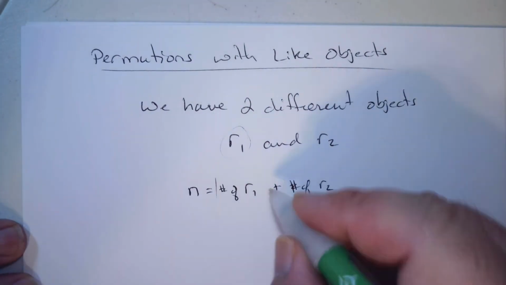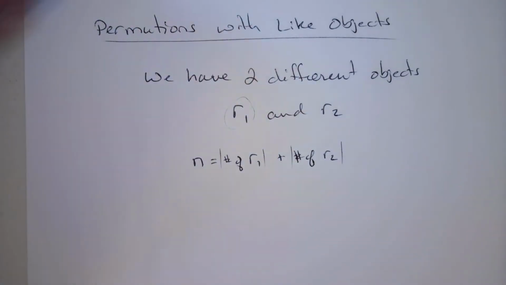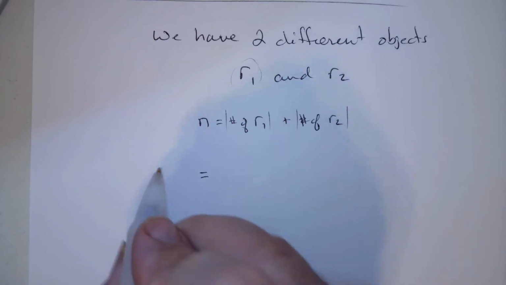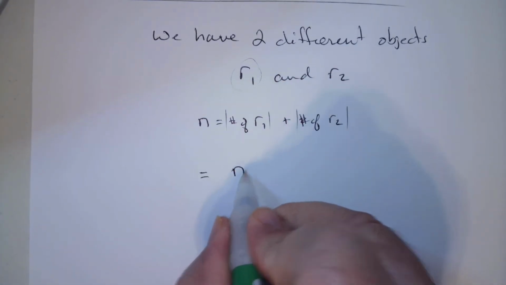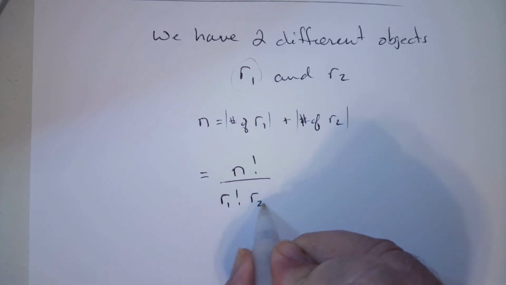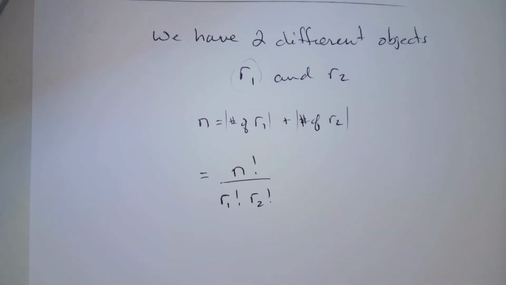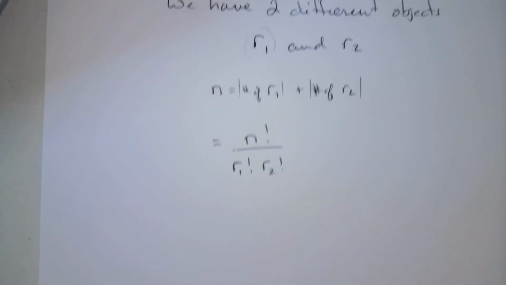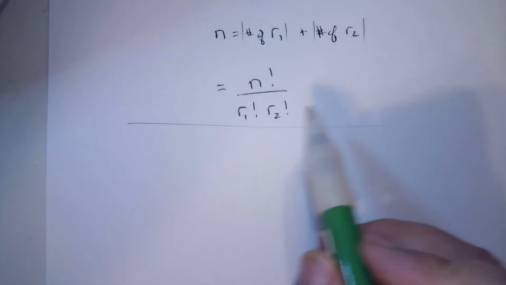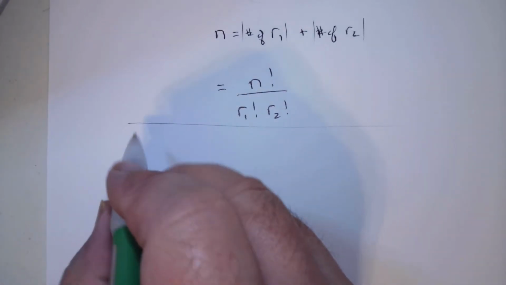Remember last semester we talked about cardinality: the cardinality of R1 plus the cardinality of R2. So here, the permutation is n factorial over R1 factorial times R2 factorial. If we had more, we'd have R3, R4, R5, but you add the number of those, that equals n, and divide by each one separately.